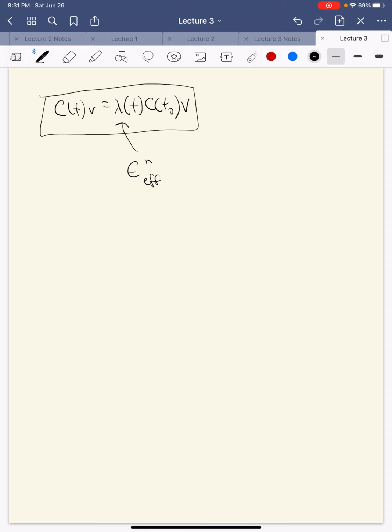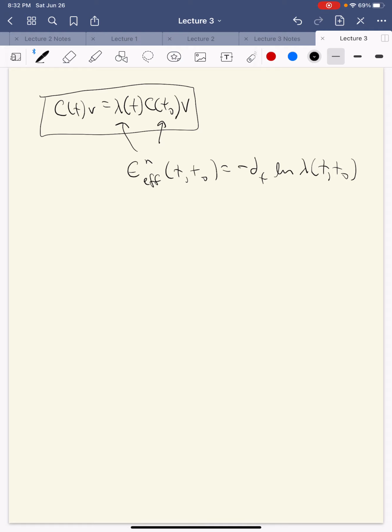And you can show, and I'll give you a reference that talks about this a little bit, that you can write down an effective energy, which is essentially like an effective mass, that looks like the log of this eigenvalue. Note that lambda should also depend on t naught, because for every different t naught that you have, you'll have a different eigenvalue lambda.